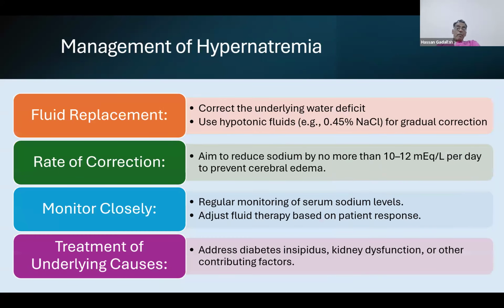Okay, then we come to the management. There are general rules for the management of hypernatremia. We have to replace the fluid, and replacement of the fluid depends on the underlying condition.